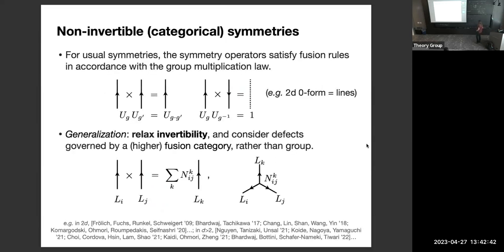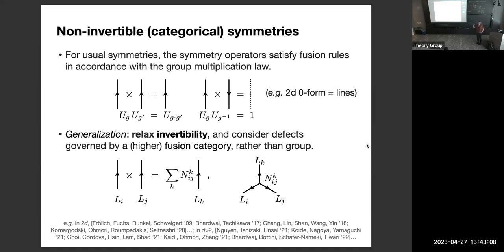Now for our usual symmetries, these symmetry operators satisfy fusion rules in accordance with the group multiplication law. By the way, I'm going to draw some pictures as if my defect operators are lines, which is true, for example, for a zero form symmetry in 2 dimensions, but this is just a picture.